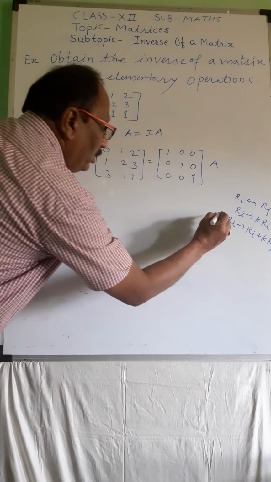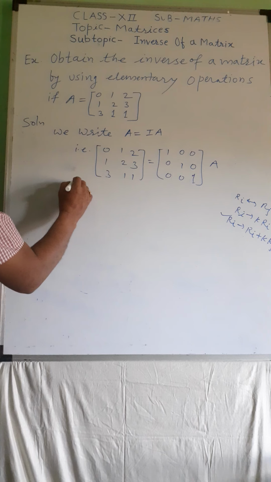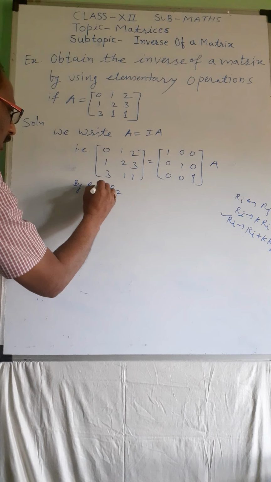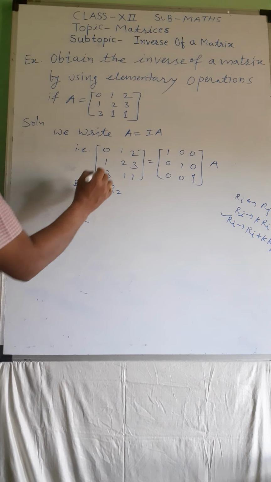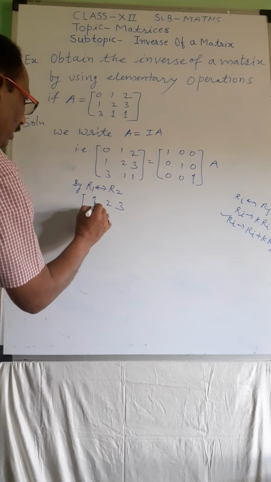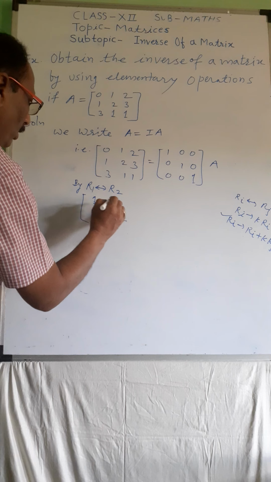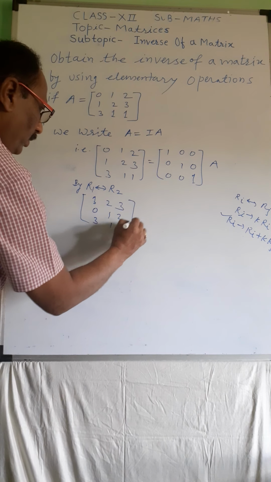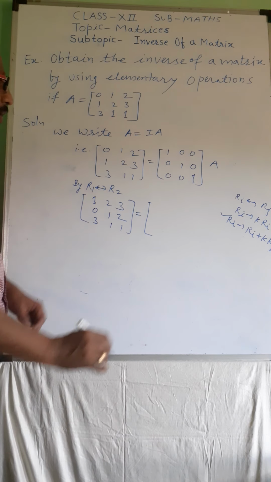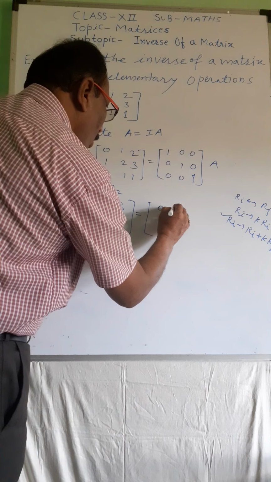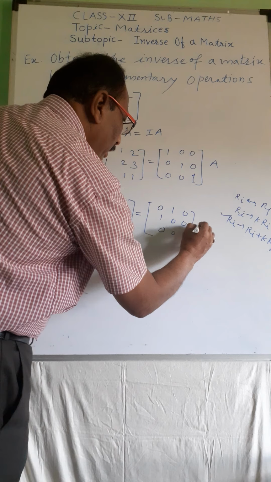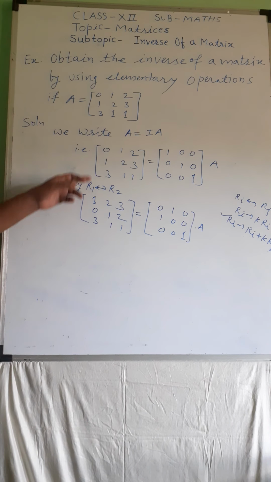We do this operation: R1 changes to R2 and R2 changes to R1, means the second row 1, 2, 3 comes first, the first row becomes the second row, and the third row 3, 1, 1 stays as it is. Here also we do the same operation on the identity matrix: 0, 1, 0, 1, 0, 0, 0, 0, 1 into A. Here we got 1.